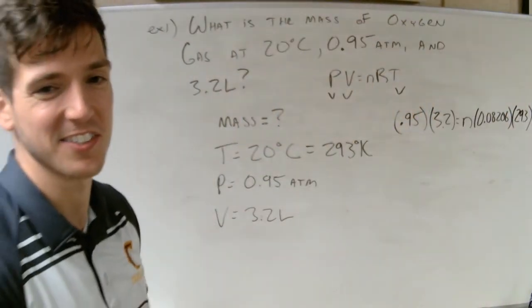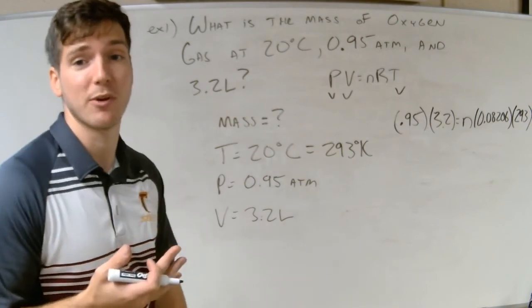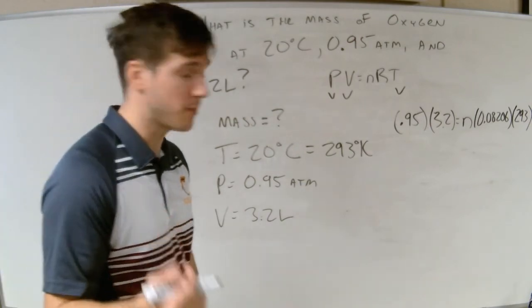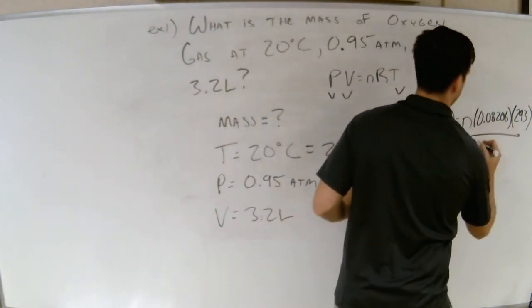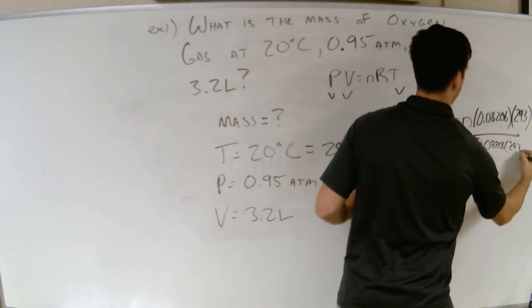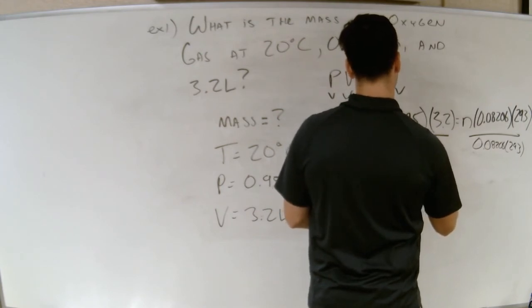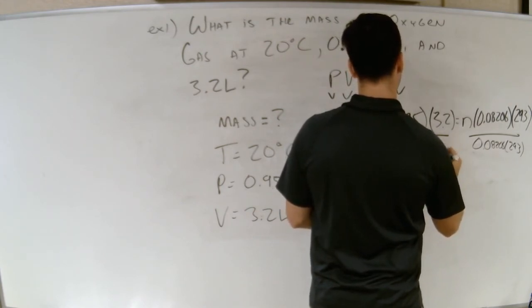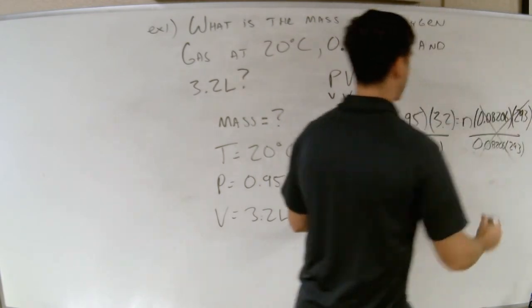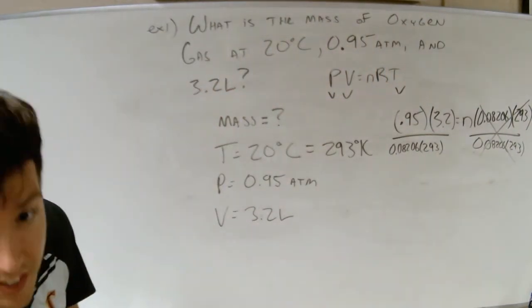All right, good deal. So let's go ahead and get moles by itself, right? So we're going to divide by 0.08206 and 293 on both sides. Okay, that gets moles by itself. Let's go ahead and plug this into our calculator.